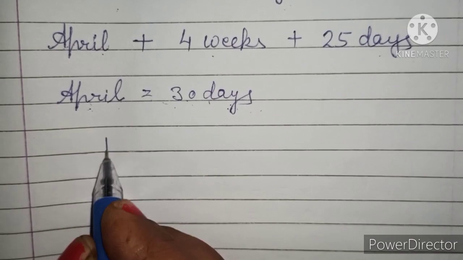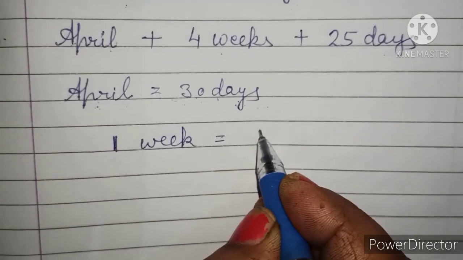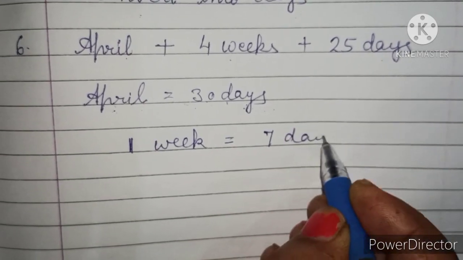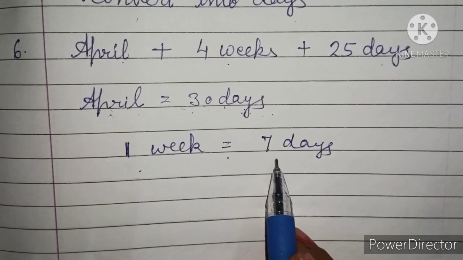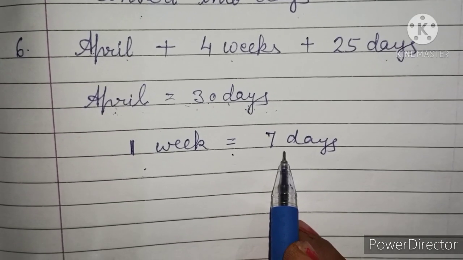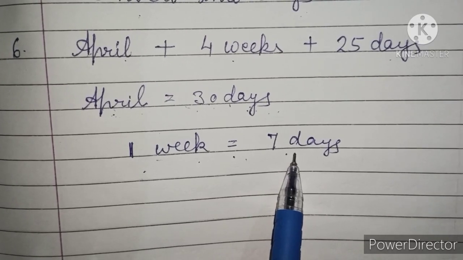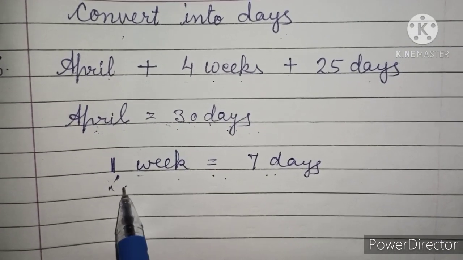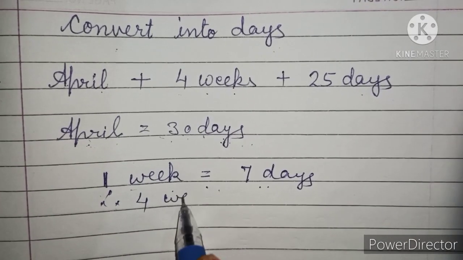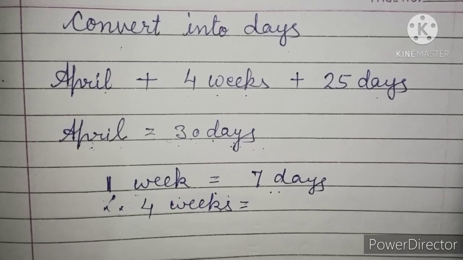Formula is 1 week is equal to 7 days. As we know, 1 week is equal to 7 days, so 4 weeks is equal to how many days?